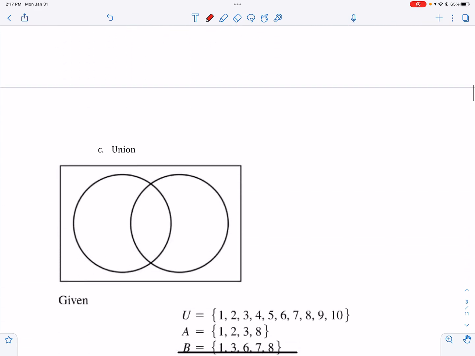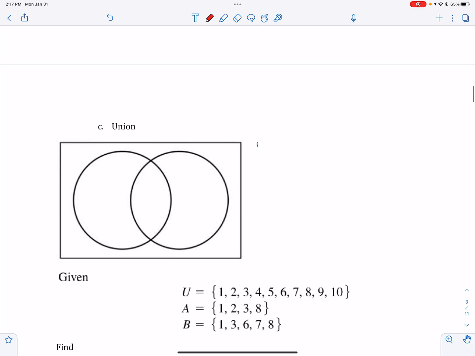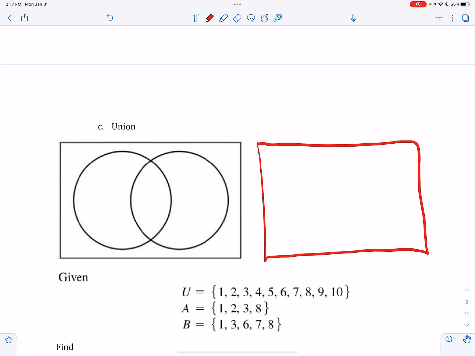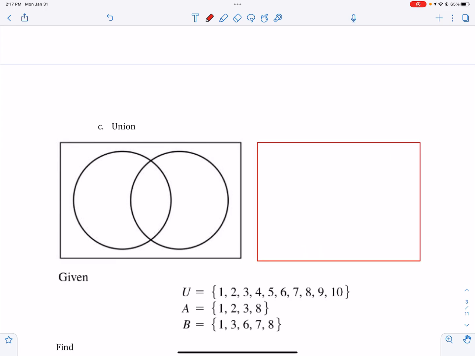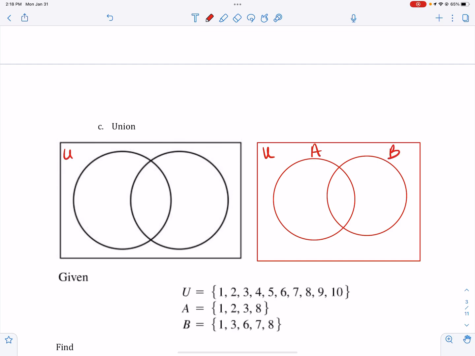All right, the last one I think is a little bit harder. So I'm going to draw another box here, and hopefully we're going to see what that looks like. So we're going to have two circles. So we have the universe, A, B. And so now this one is a little bit tricky.